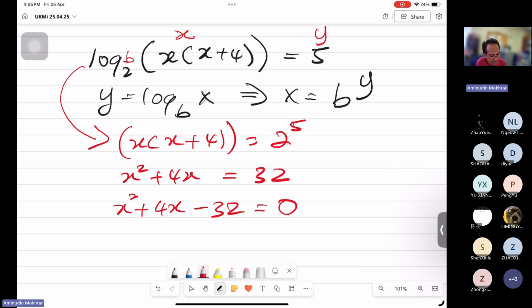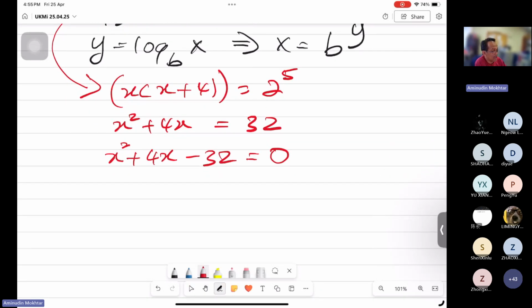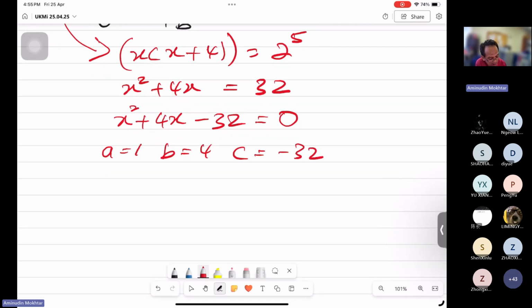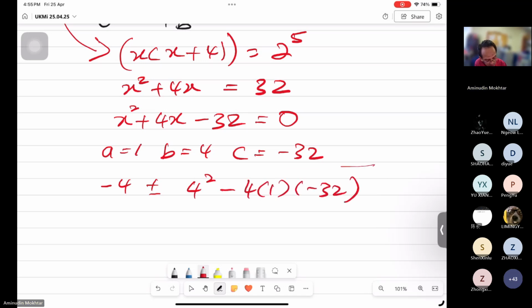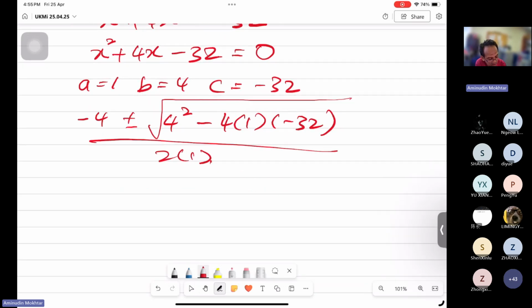Again, now we are in the quadratic situation. This is a equal to 1, b equal to 4, c equal to negative 32. So we use negative b, negative 4, plus minus the square root of 4 squared minus 4ac, all over 2a. You just finish this calculation.